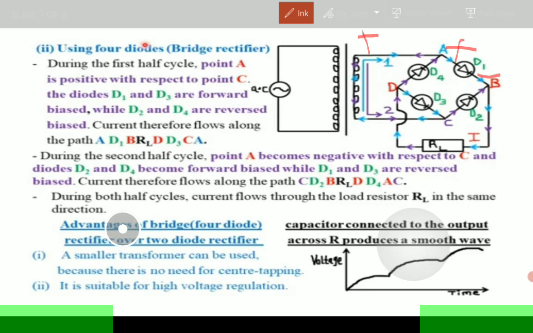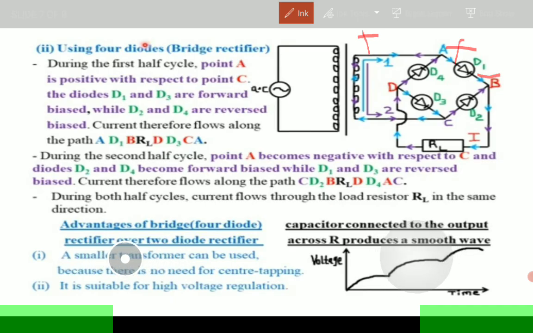So a rectifier that is made up of 4 diodes has advantages over a 2-diode rectifier in that a smaller transformer can be used. Here we can use a smaller transformer because there is no need for center tapping. In the other one, the way I used 2 diodes, we needed to tap current from the center, so we need a bigger transformer there.